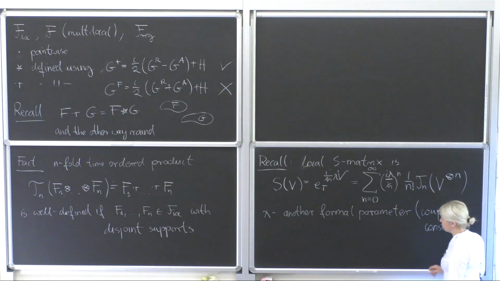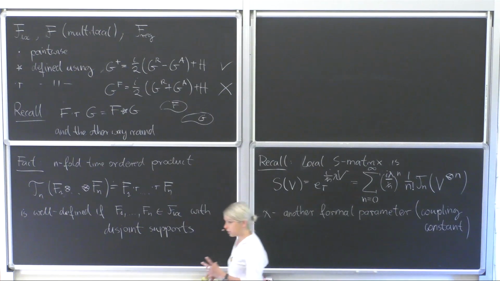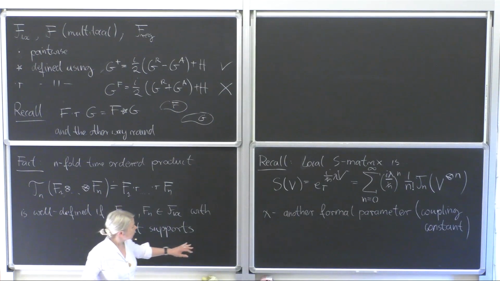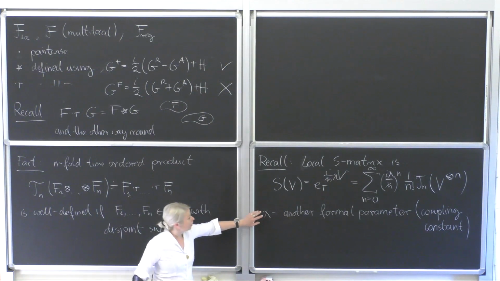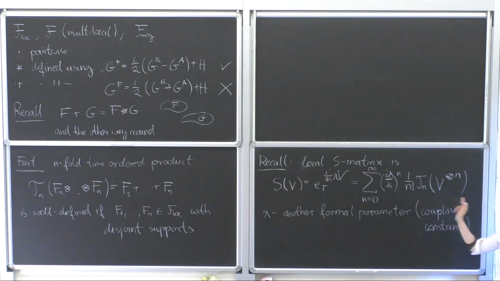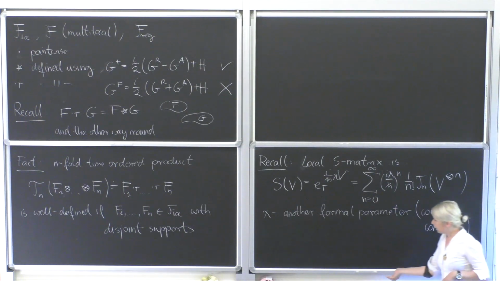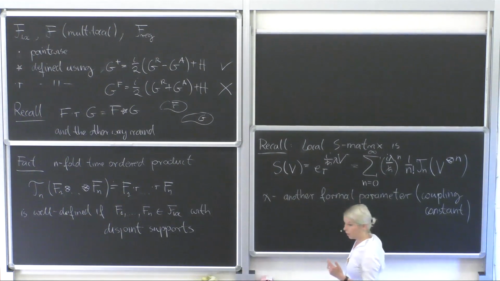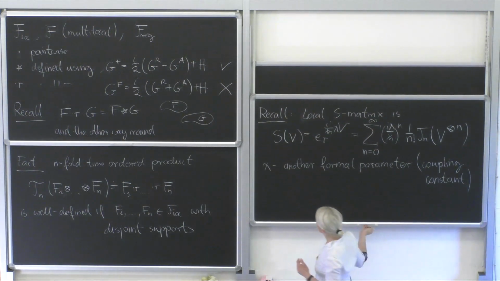Here, we are working with things which are formal power series in lambda, and they can have negative powers in h bar, at least this object does. So we want a Laurent series in h bar.